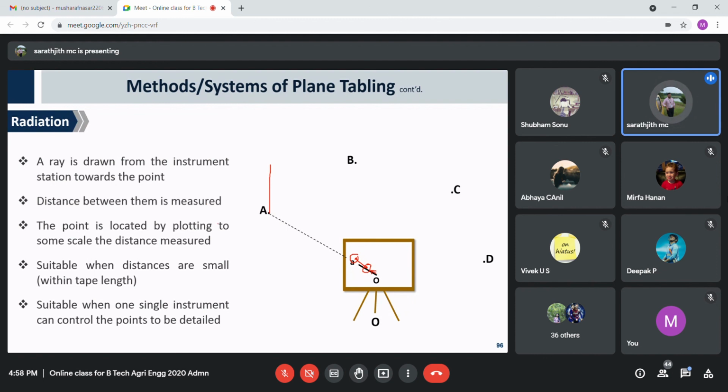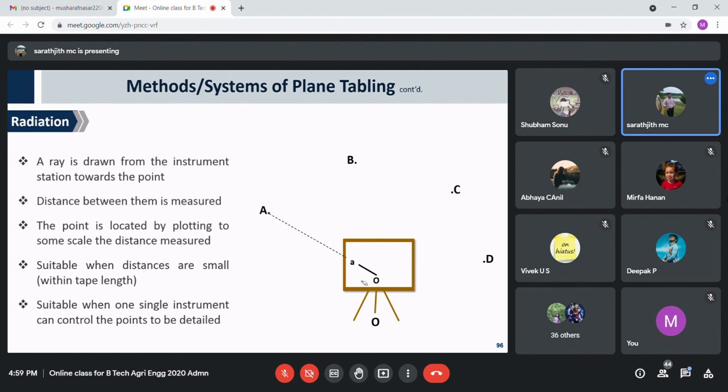For example, 5 meters is equal to 1 centimeter, or 1 centimeter on the drawing sheet is equal to 5 meters on the ground. Likewise, you can choose some scale.